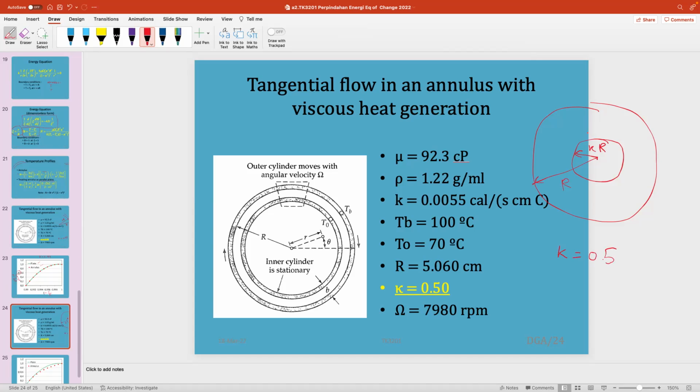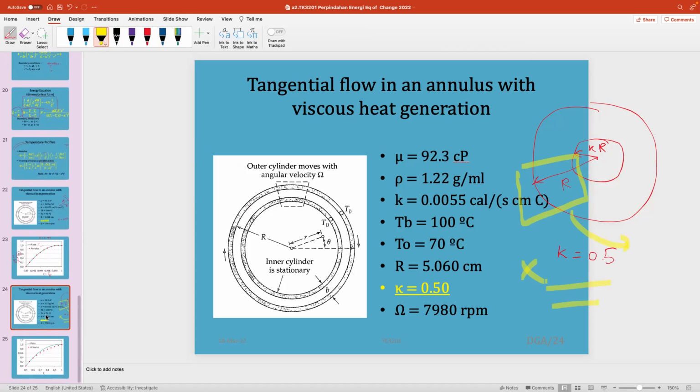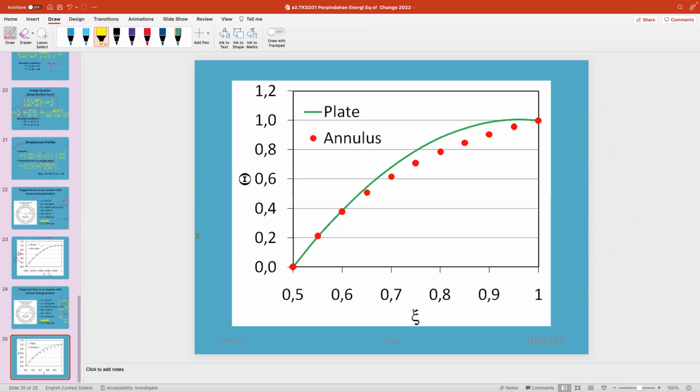You can see there's so much difference between KR, the inner cylinder, and the larger R, and it's not going to be good to treat it as a parallel plate, because it doesn't look parallel. Pak Arse also did the calculation using finite difference elements to get the profiles, and it actually looks like what we predicted.